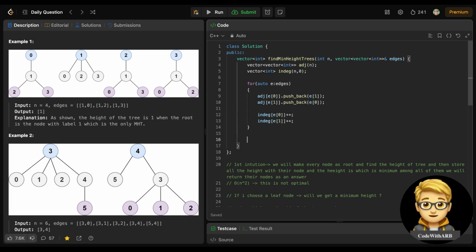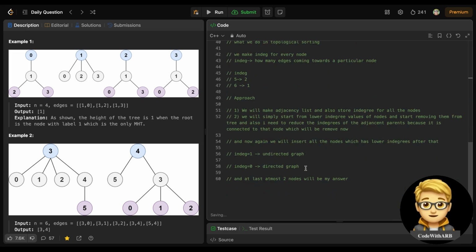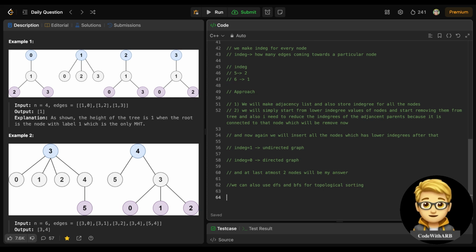Now you can use recursion also, and we can also use DFS and BFS for topological sorting, right? But here I will use BFS for topological sorting because it reduces the time complexity.